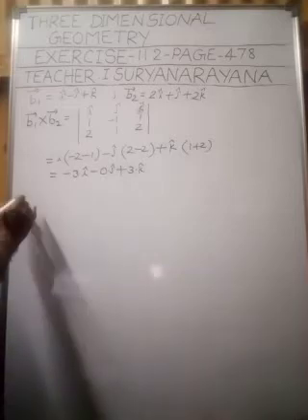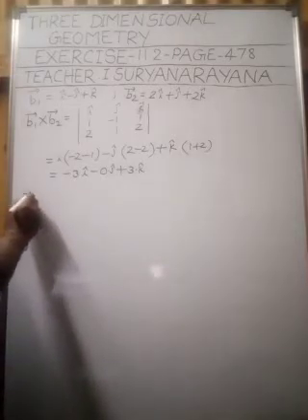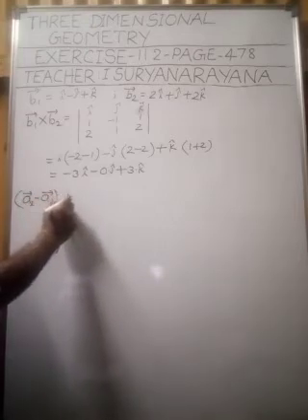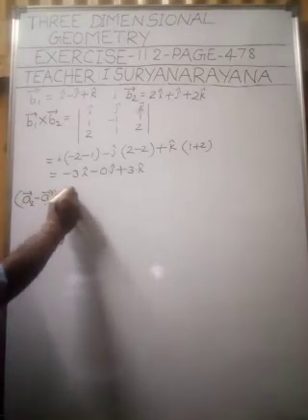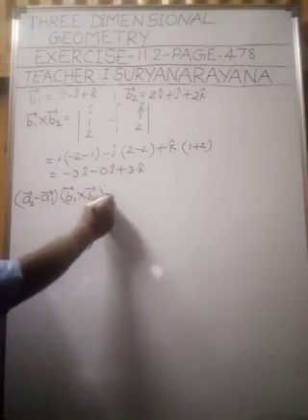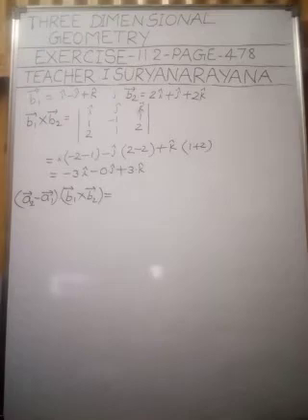Now let us find the dot product of A2 bar minus A1 bar dot B1 bar cross B2 bar. Scalar product of these two vectors. What is A2 bar minus A1 bar?